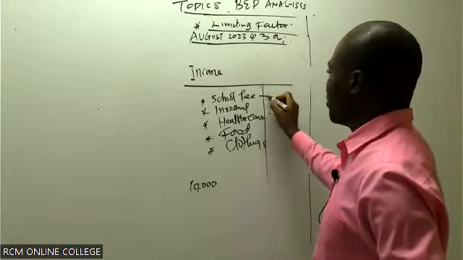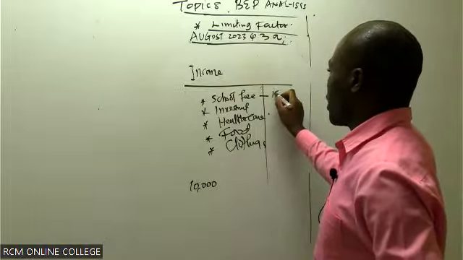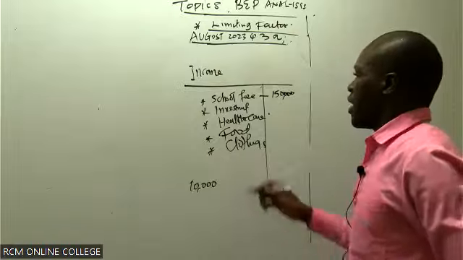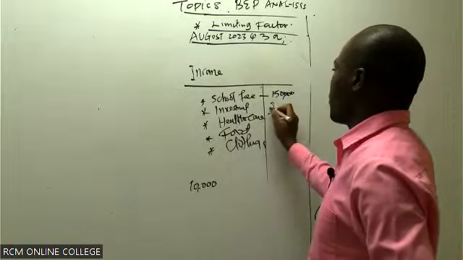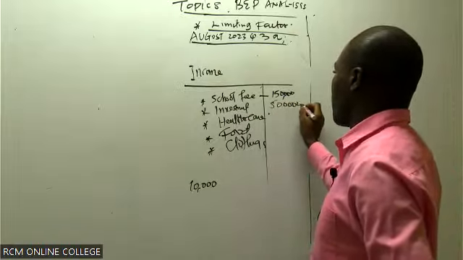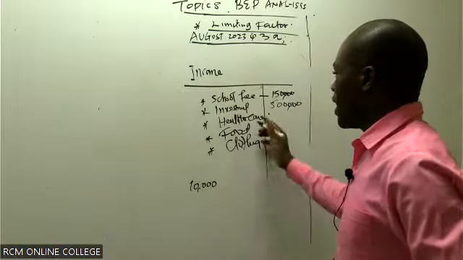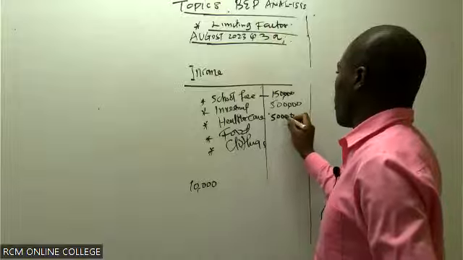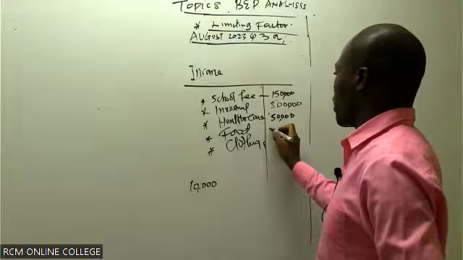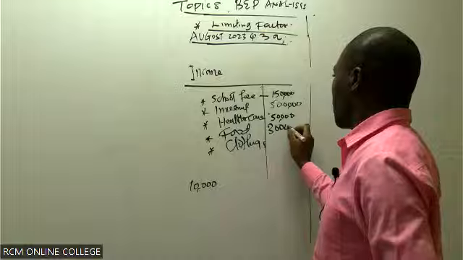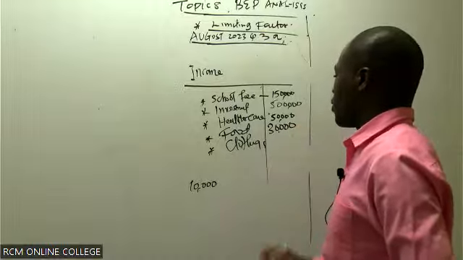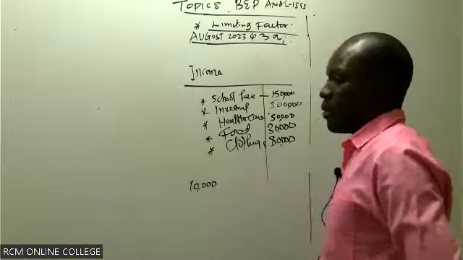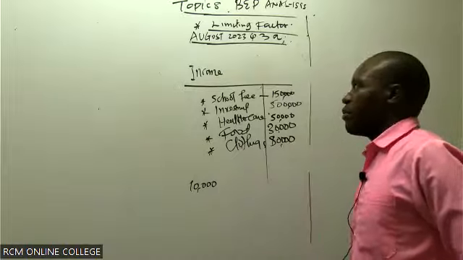Maybe under school fee, somebody is spending 150,000 per month. Under investment, somebody is taking around 500,000 per month. Under healthcare, maybe 50,000 per month. Food, 30,000 per month. Clothing, 80,000 per month. That's what somebody is doing.